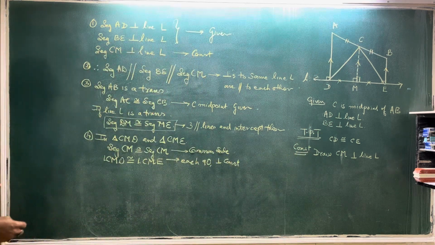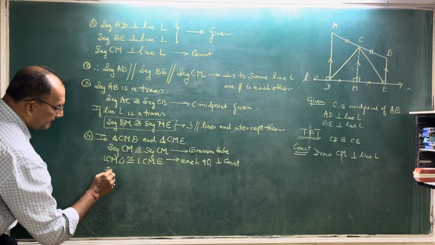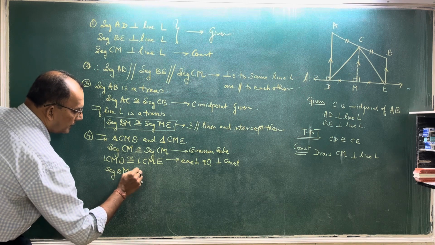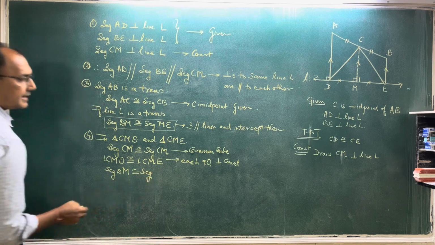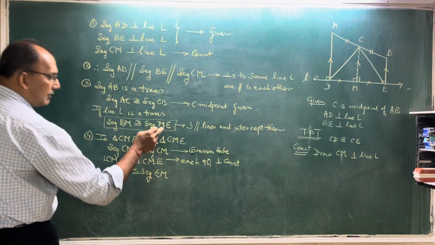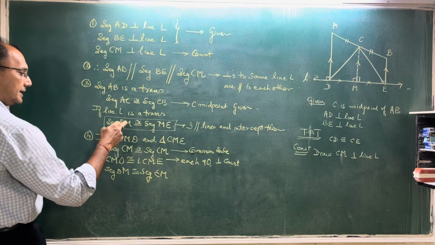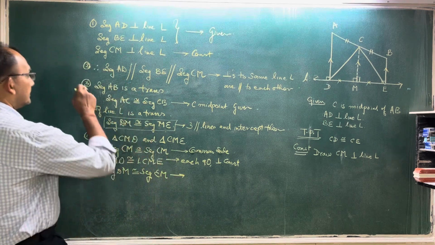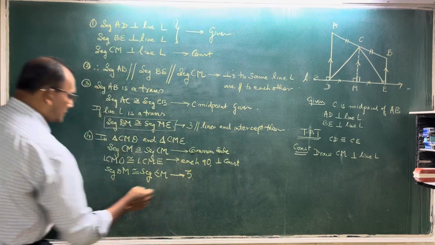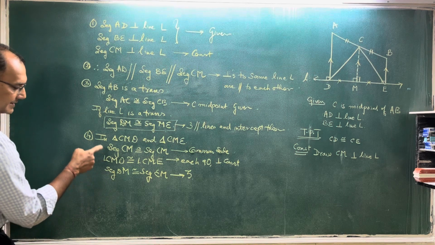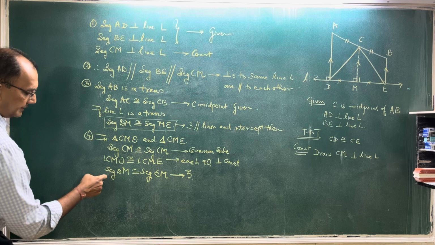Next, seg DM is congruent to seg EM. We have proved this already. Can you see? DM congruent to ME, from statement number 3. So it was a segment, then an angle, then again a segment. So it is side, angle, side.